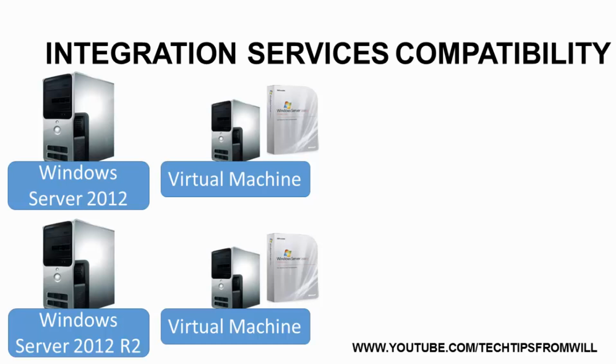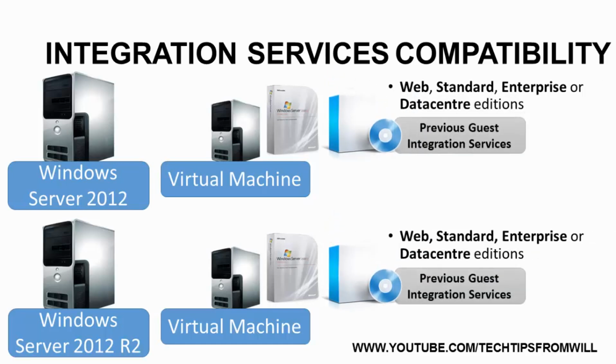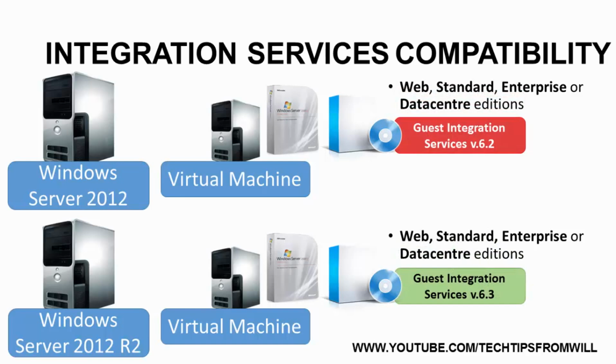Next is Windows Server 2008 R2. Virtual machines running Windows Server 2008 R2 Web, Standard, Enterprise, and Data Center editions do in fact come with a version of guest integration services already built in. However, this is an older and outdated version and should be upgraded to the latest versions offered by the Hyper-V host.